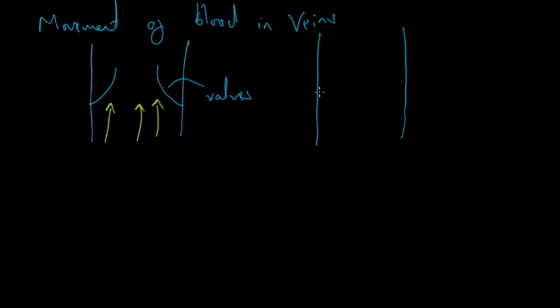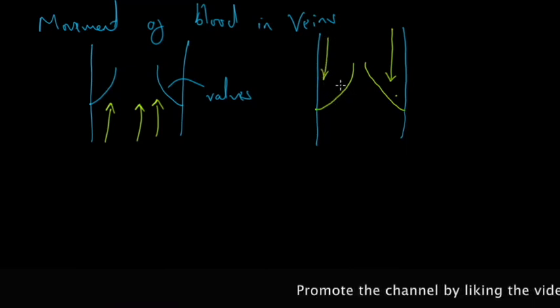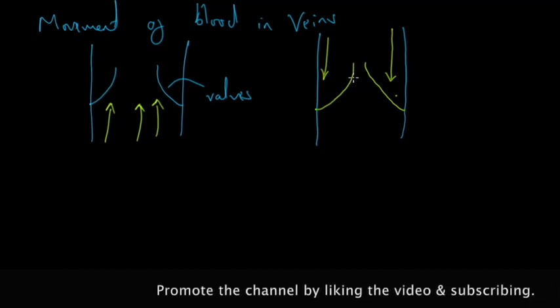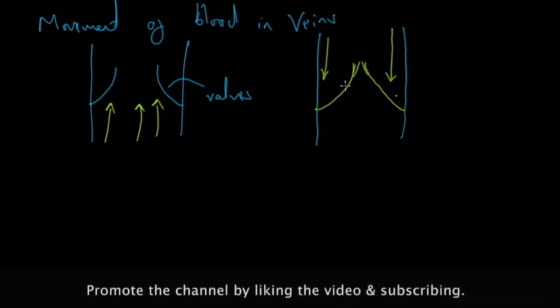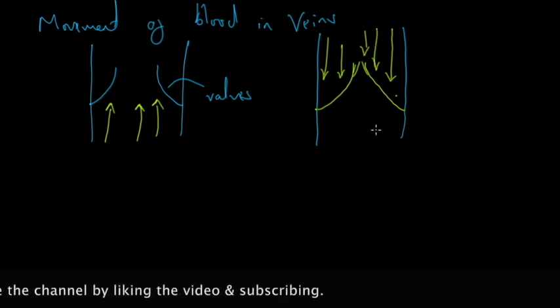But when the blood wants to flow back, because it's not pressurized, it will exert pressure here and here, and then these flaps will move and close, so you have this closing here. Thereby you're preventing backflow of blood.